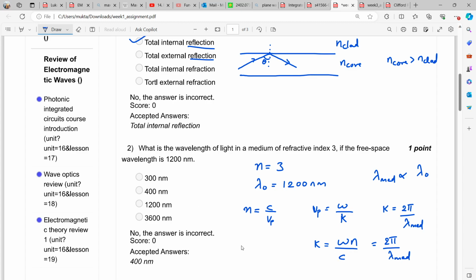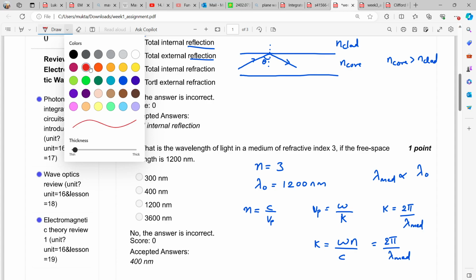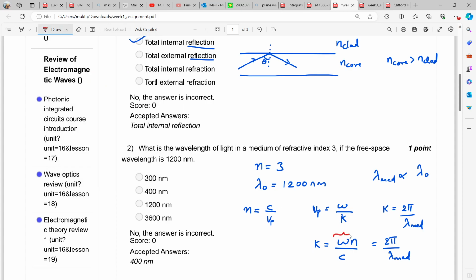And what is omega over c now? We know that this term, omega over c, is nothing but k naught, the propagation constant in free space.